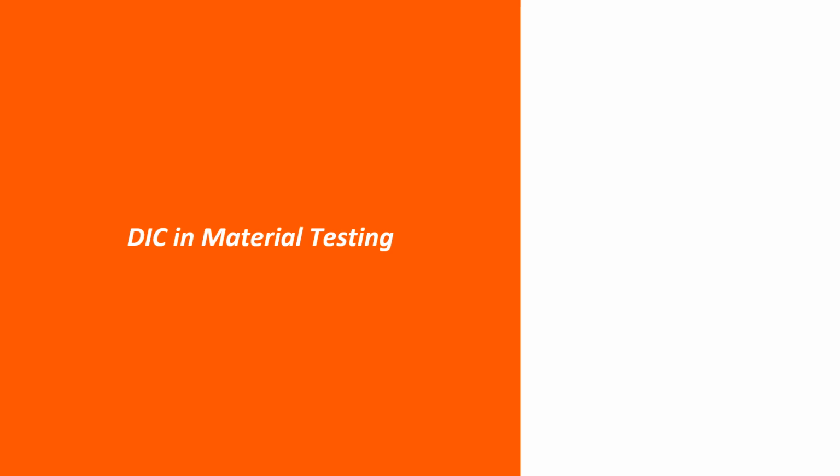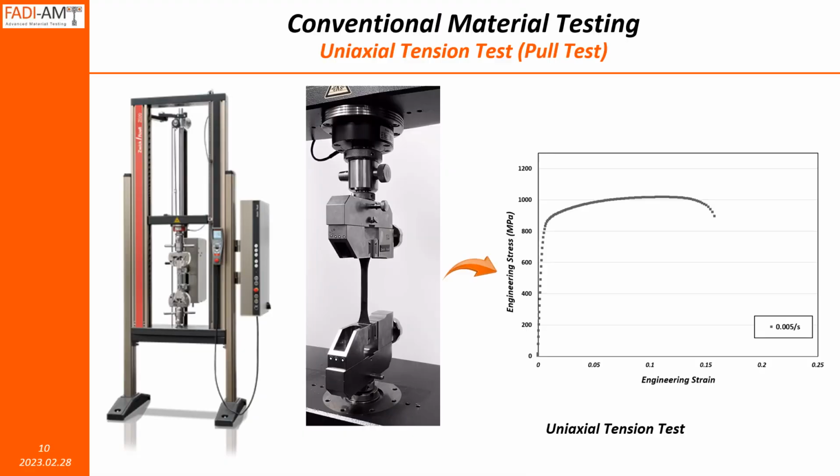Let's see what DIC means to us in the material testing world. The simplest example of a mechanical test on a material is a uniaxial tension test, or simply called a pull test. I'm sure all of us have at least witnessed a uniaxial tension test at least once in our lives.